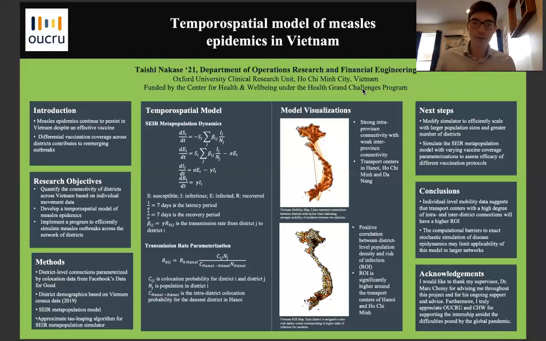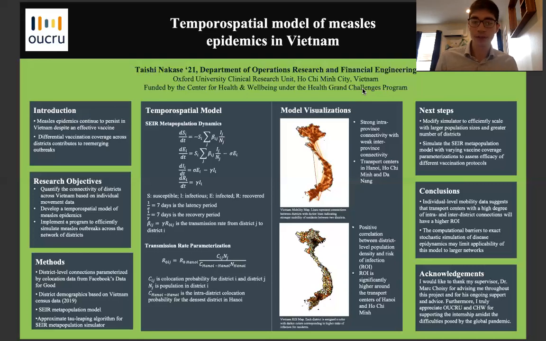So to investigate this first, my supervisor, Dr. Choisy, identified a particular discrepancy in the data that's available. The officially published vaccine coverage rates of 90 to 95%, which suggests herd immunity in Vietnam, were very different from the population protection levels that Dr. Choisy's team actually tested in the population, which was around 60 to 70%.